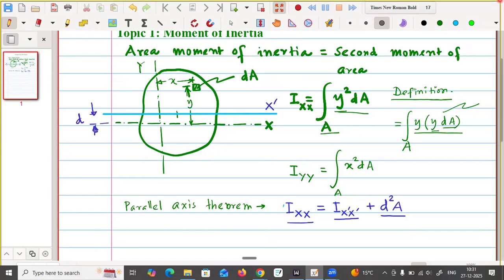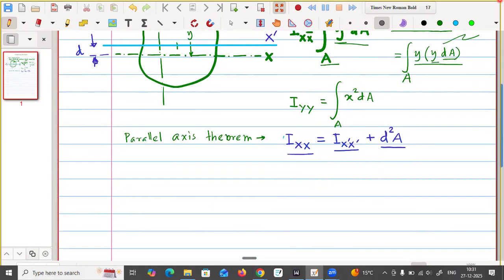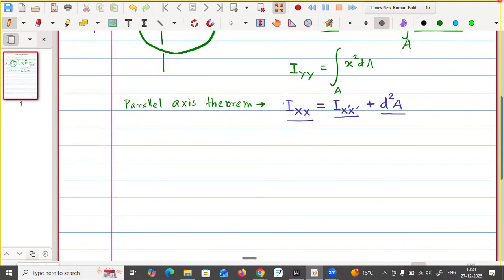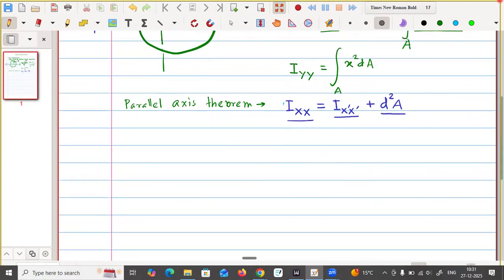Okay. So that we have derived, and if you have any doubt in the derivation, you can tell. Was the derivation clear? Parallel axis theorem. So that was the final outcome.